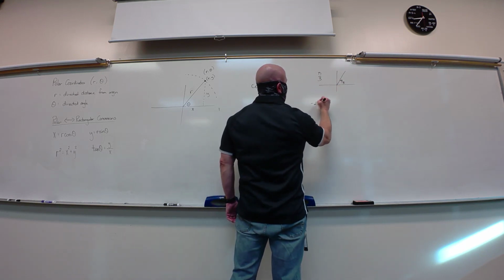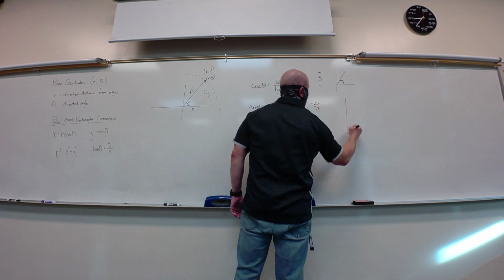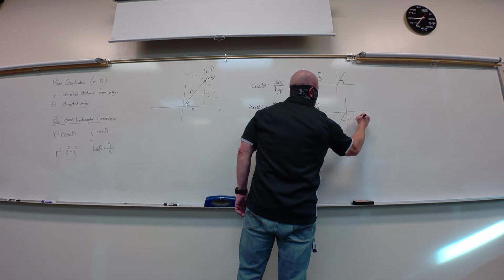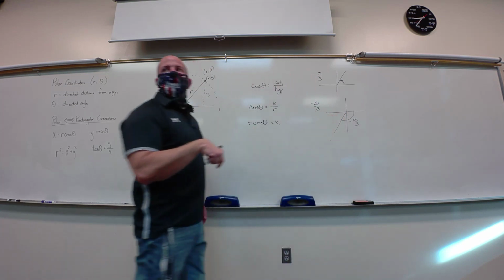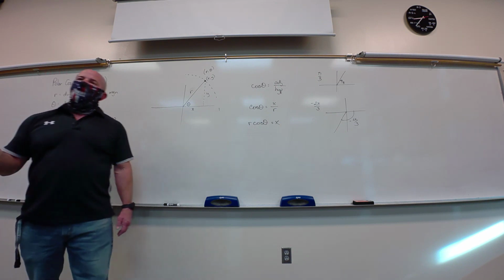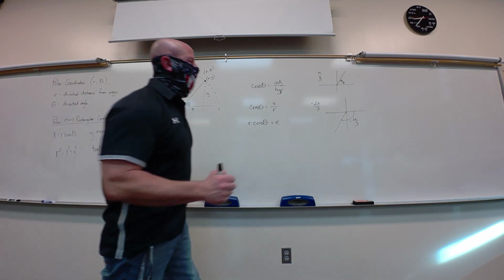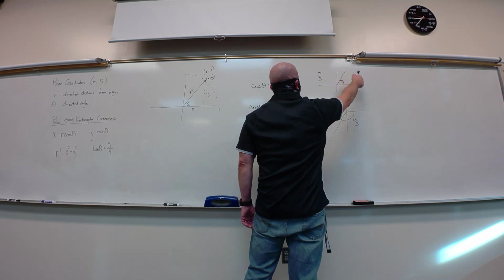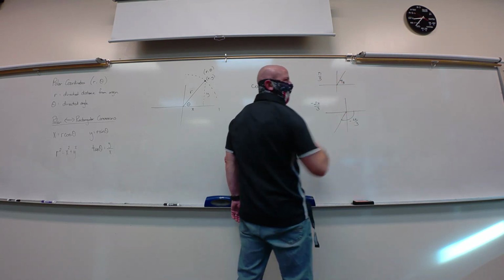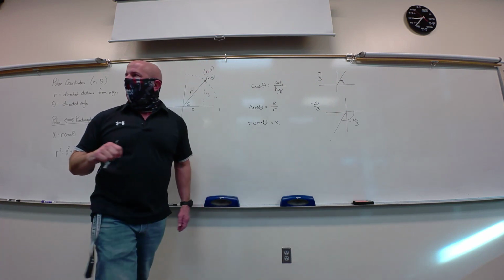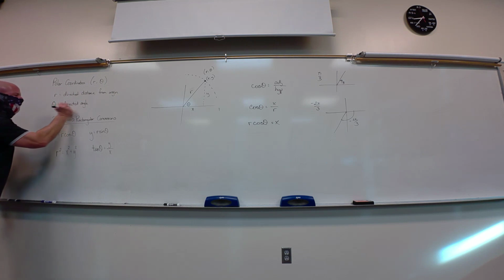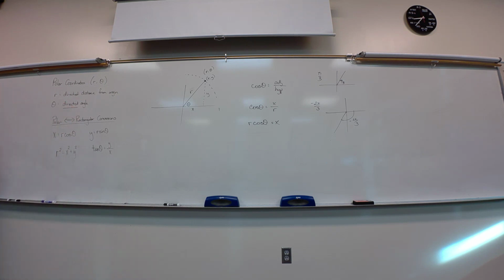If I had negative 2 pi thirds, down the bottom, that just meant we were going backwards around. Does that look familiar? All right, so a positive angle meant you were going counterclockwise, and a negative angle, you were moving clockwise around. Everyone okay with that? That was the idea of directed. You could have a positive or a negative.